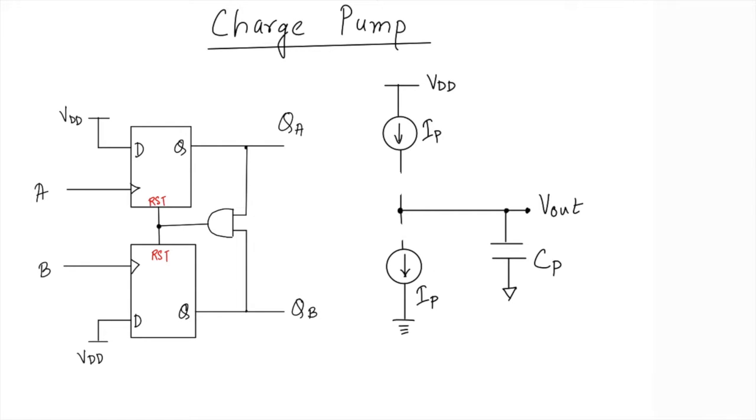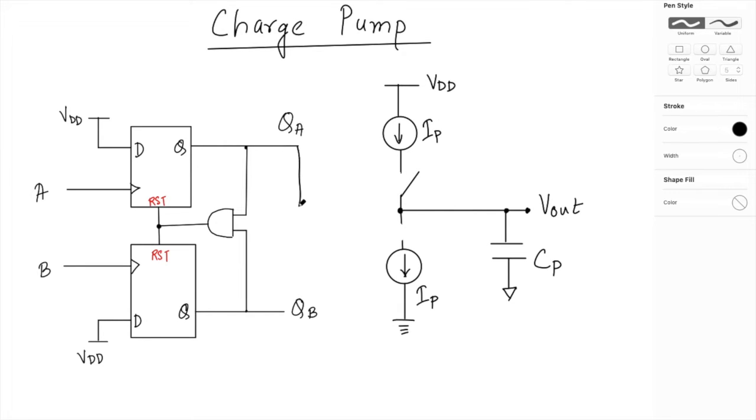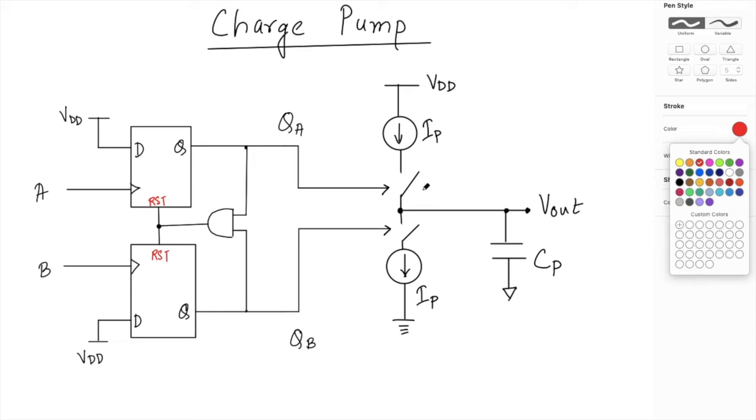So QA will be used to turn on and off this switch, and there is this down switch, and QB will be used to turn on and off the lower switch.